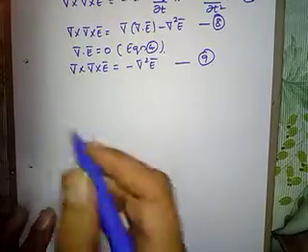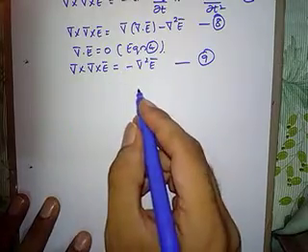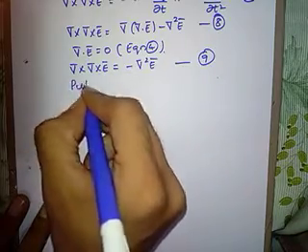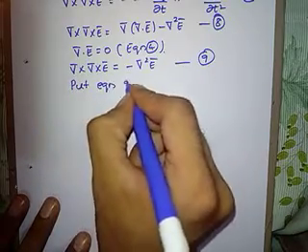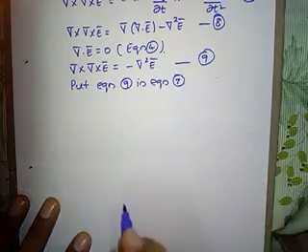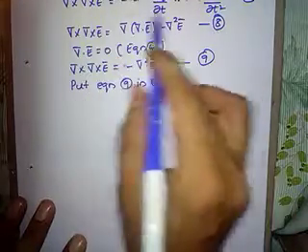Right? Next, substitute the value of del cross del cross E bar from equation 9 in equation 7. So put equation 9 in equation 7. What was our equation 7? This is our equation 7 here.